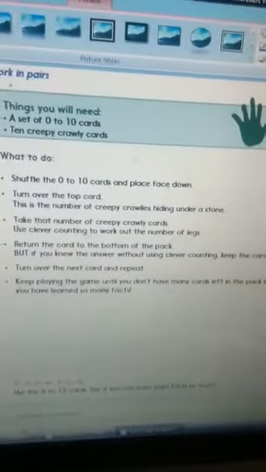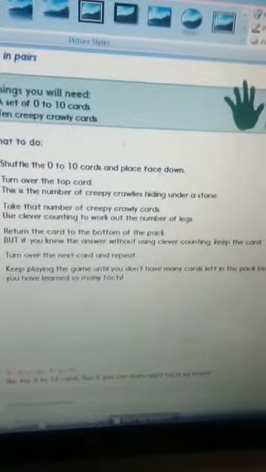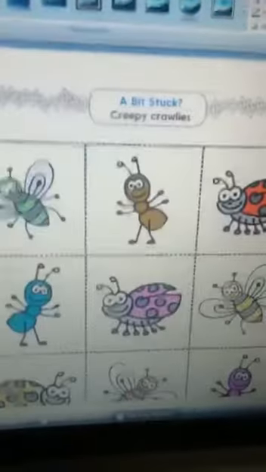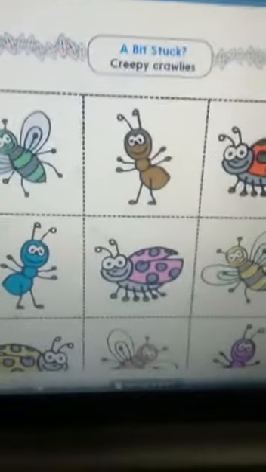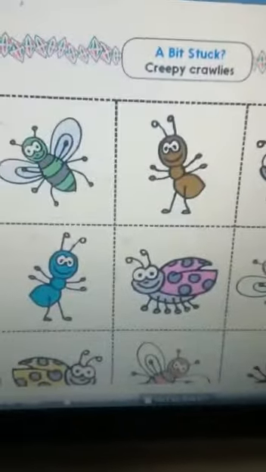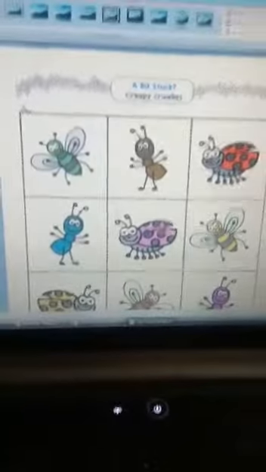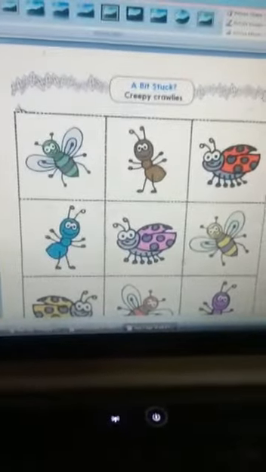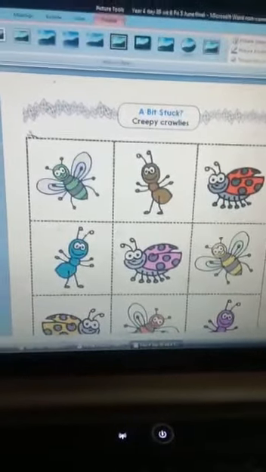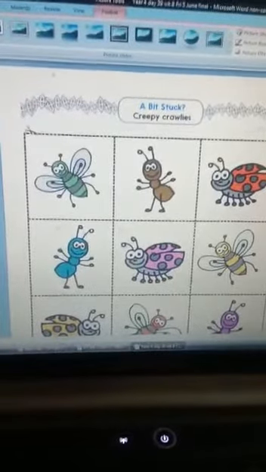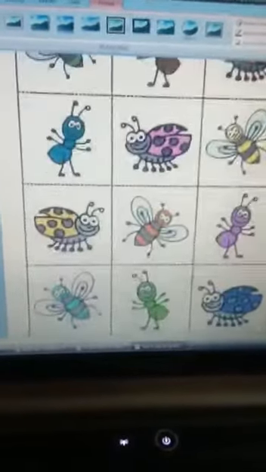And you take that number of Creepy Crawlies cards and use clever counting to multiply it by 6. So if you pick up a number 6, you have 6 creatures, each with 6 legs, so it will be 6 times 6. And you can record that down.